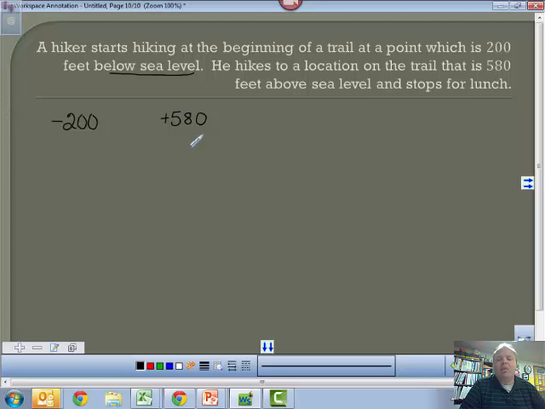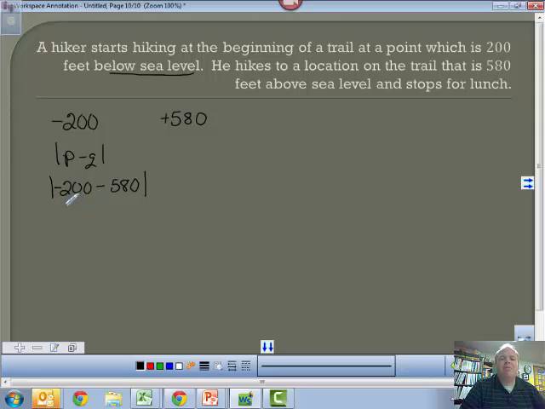All right? Well, let's use our formula. So I have P minus Q, and I'm going to take the absolute value. So I have -200 minus 580, and I'm going to take the absolute value of that. So I know from before that I'm going to add the opposite because I'm subtracting.